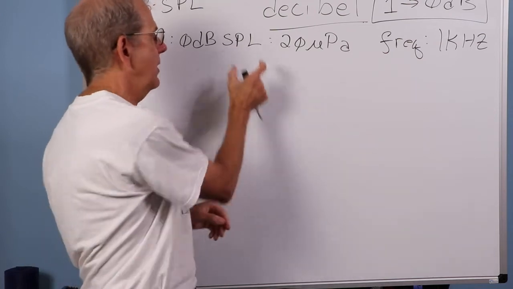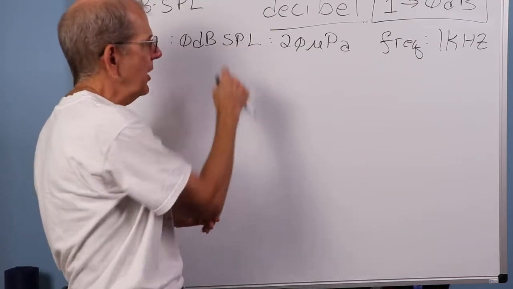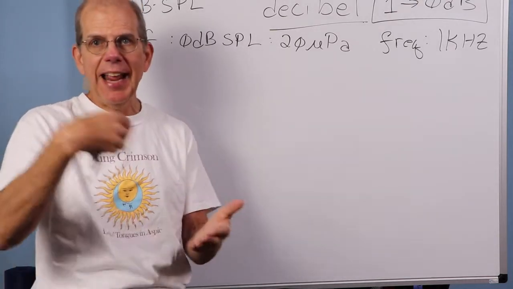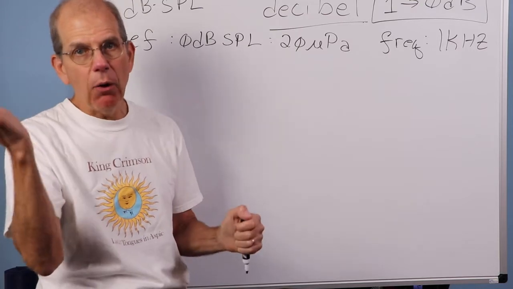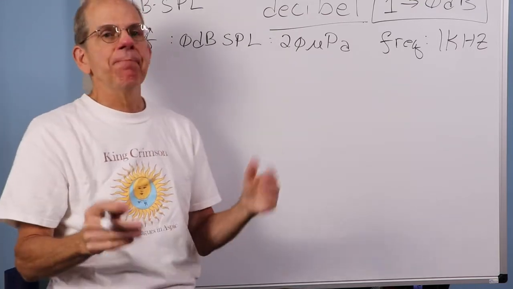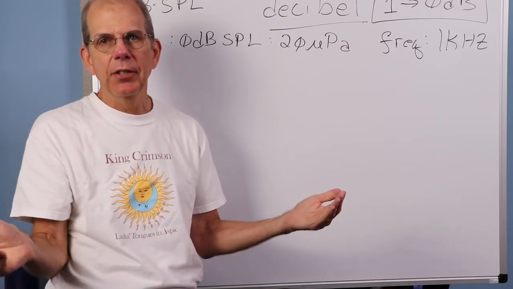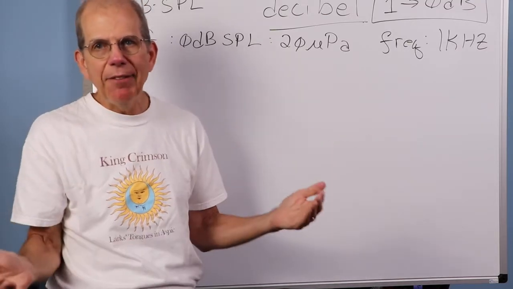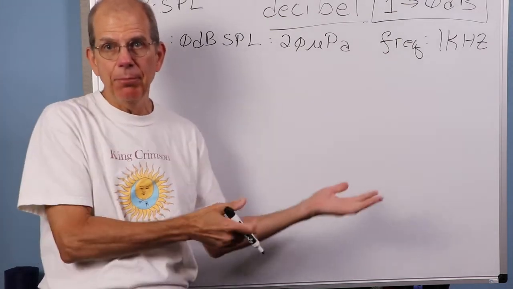Whenever you add one of these things to the end, dB something, the something is always referring to a reference, so it's an absolute value. If I was talking about a power amplifier and I said this thing has a gain of 20 decibels, it doesn't really tell me what the level is. It just says it's 20 decibels bigger than the input.